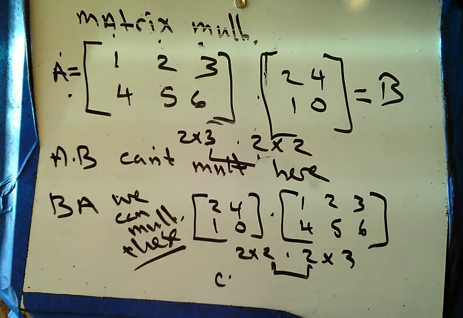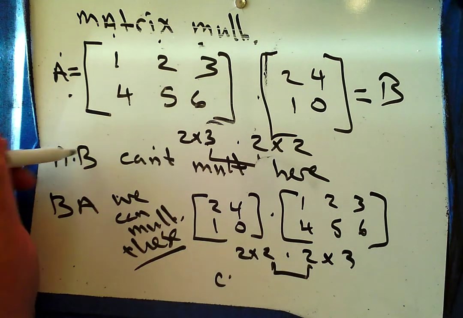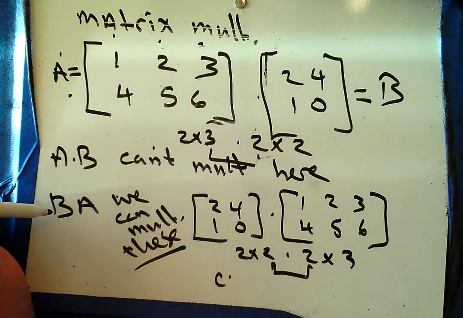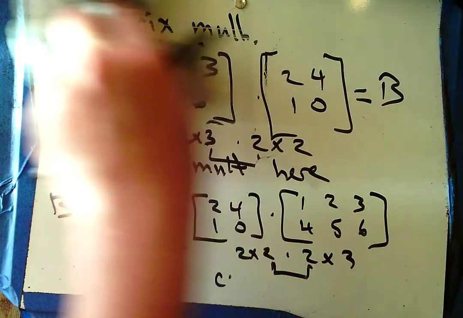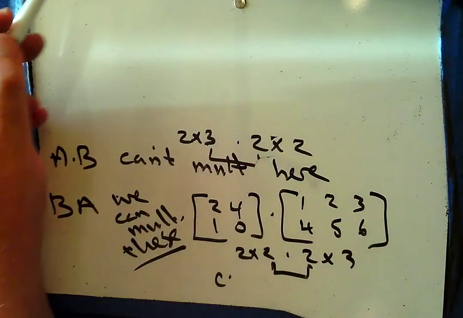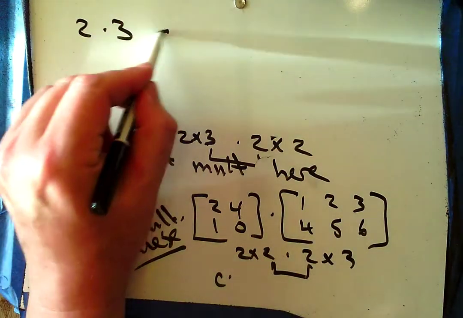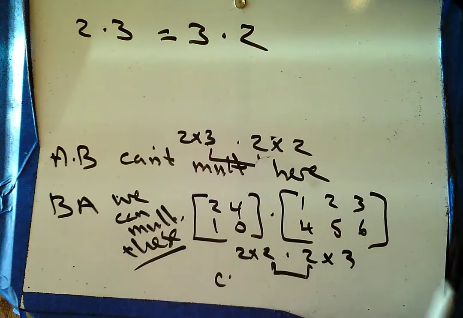Which has a very interesting implication. Because A times B doesn't necessarily equal B times A. You know, almost all our thinking lives, 2 times 3 has equaled 3 times 2.